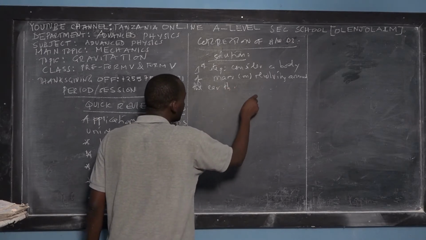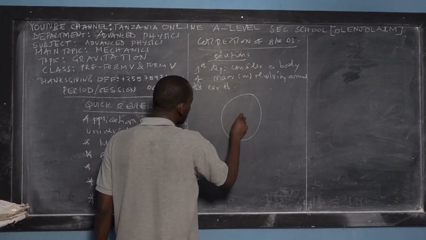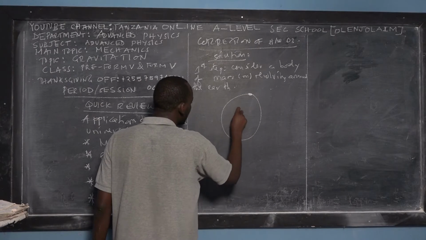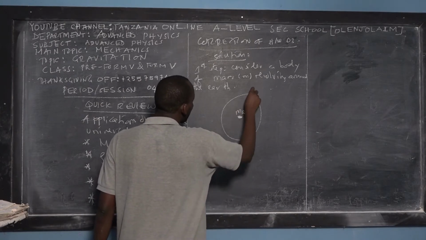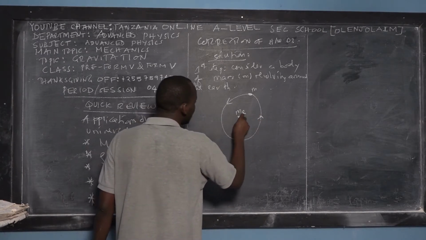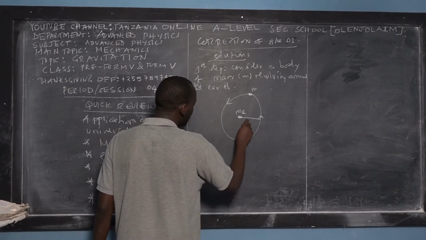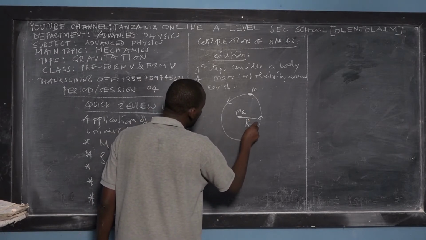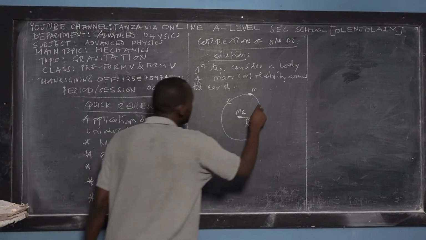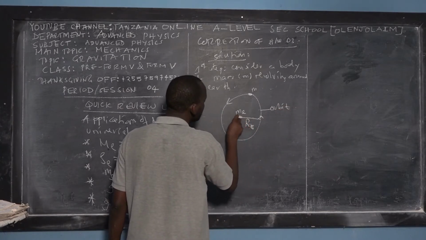This is a circular path, and this is the body revolving around the Earth. Here we have the mass of the Earth, and here we have the mass of the body, and this is its own orbit. And here we have the radius of the Earth. Because we have been given the symbols, we use capital R E. So this is the orbit, and this is the Earth.